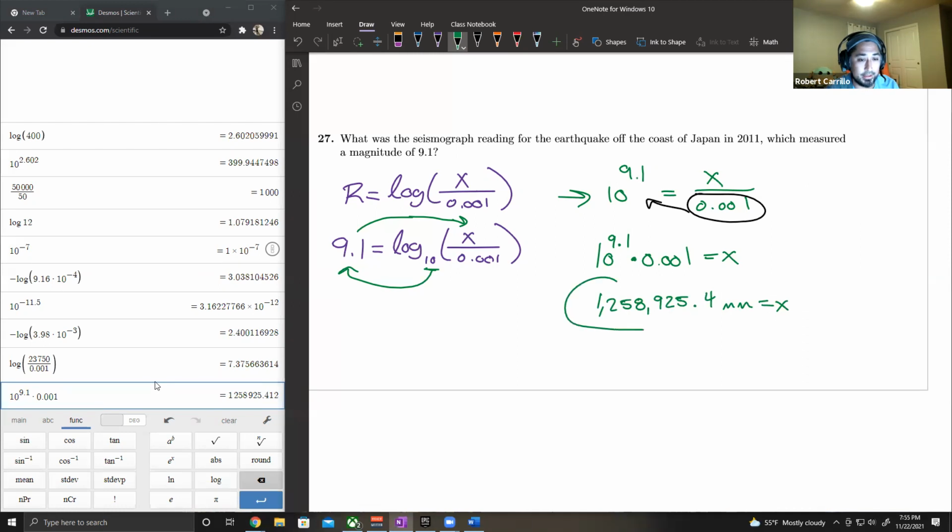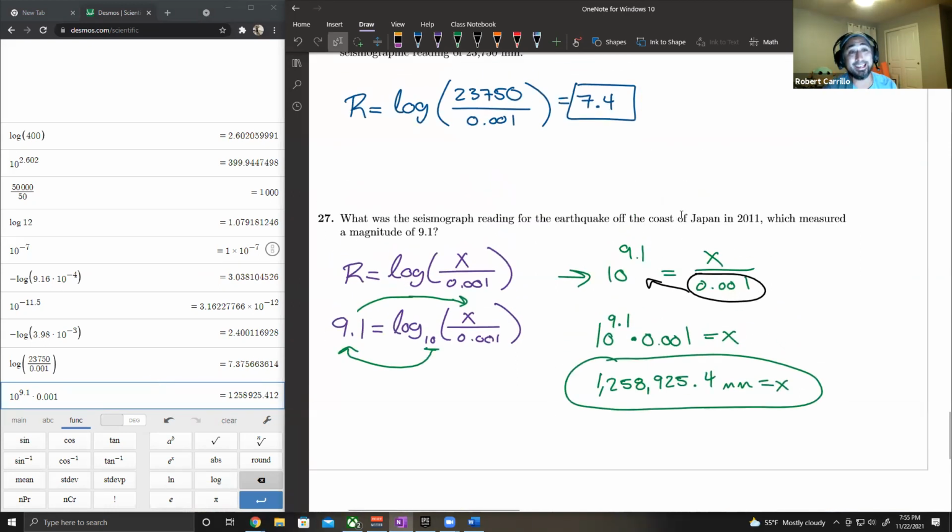Look at that difference between a 7 on the Richter scale and a 9 on the Richter scale. 7 was 23,000. The 9 that shook Japan was 1,200,000 millimeters. Insane. But all we tell you guys is, hey, that was a 9. Terrible.